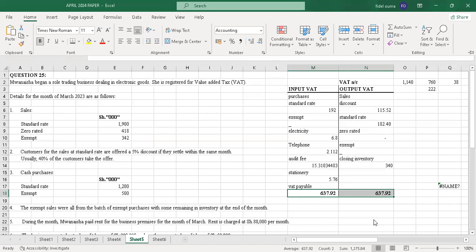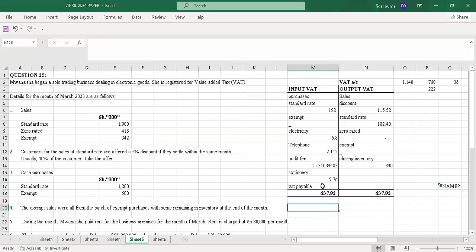So the balancing figure here was the VAT payable. The VAT payable will be the difference between this minus this. So the VAT payable was 415.94.